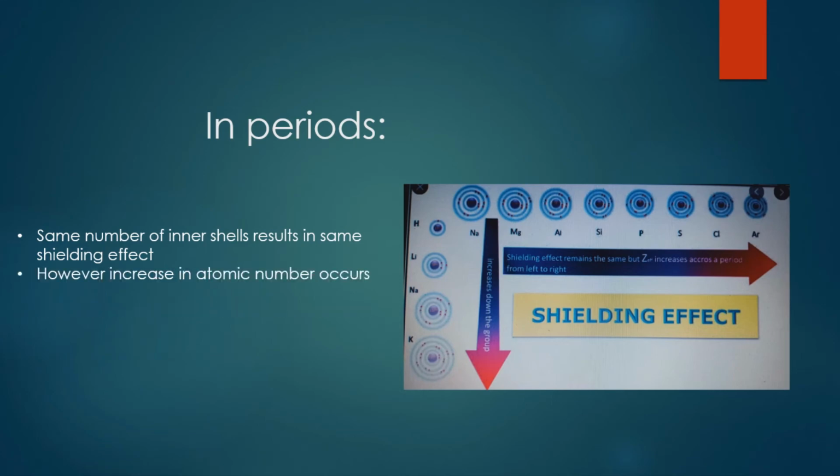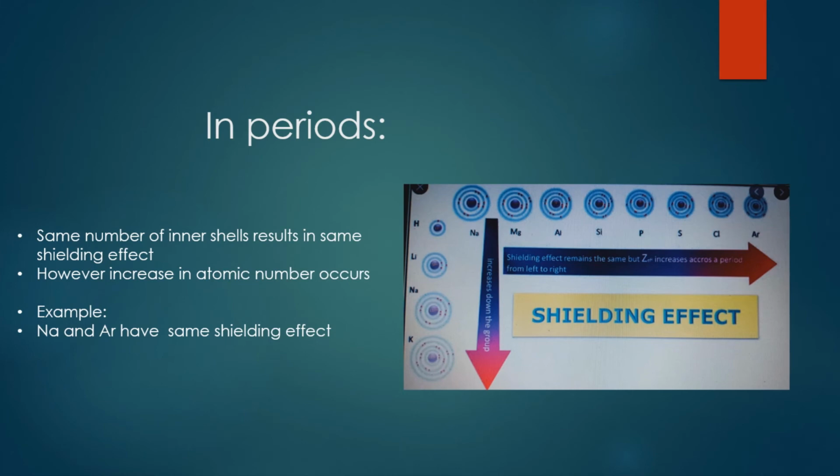However, the atomic number increases as we move from left to right. For example, sodium and argon, as we have discussed. In sodium, the first shell contains 2 electrons, the second 8 and the third is 1. And in argon, the first shell contains 2 electrons, second 8 and the third is 8.